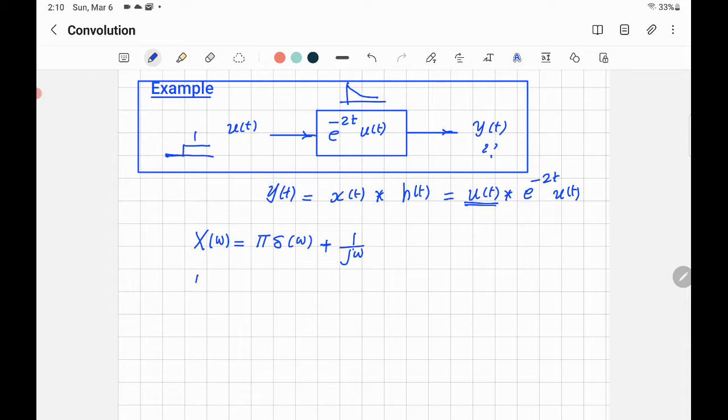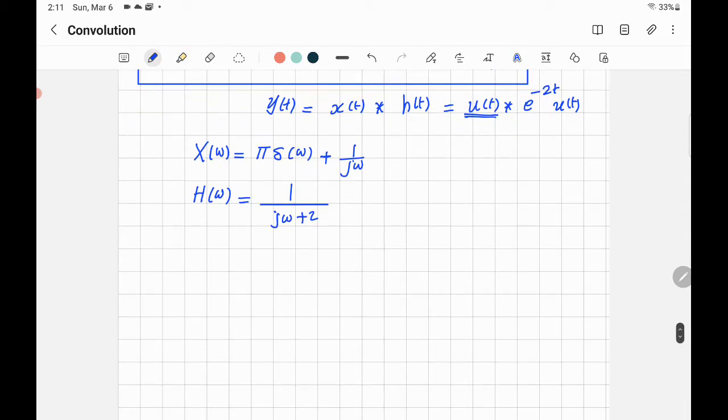So what about the impulse response in frequency domain, H of omega? That's e to the minus 2t u of t, we did it many times, and it will be equal to 1 over j omega plus 2. So we have the input, we have the impulse response, and now we'll find the output by multiplying both. Y of omega will be equal to pi delta omega plus 1 over j omega, multiplied by 1 over j omega plus 2.